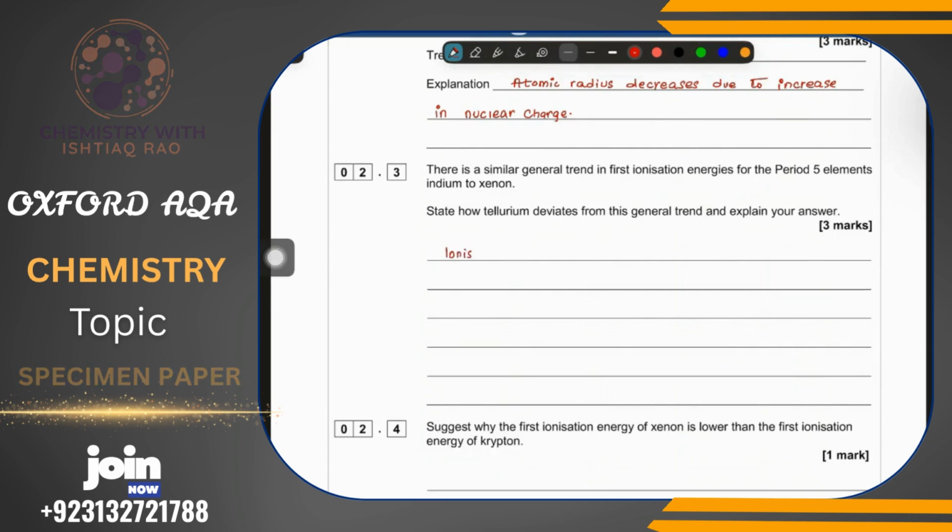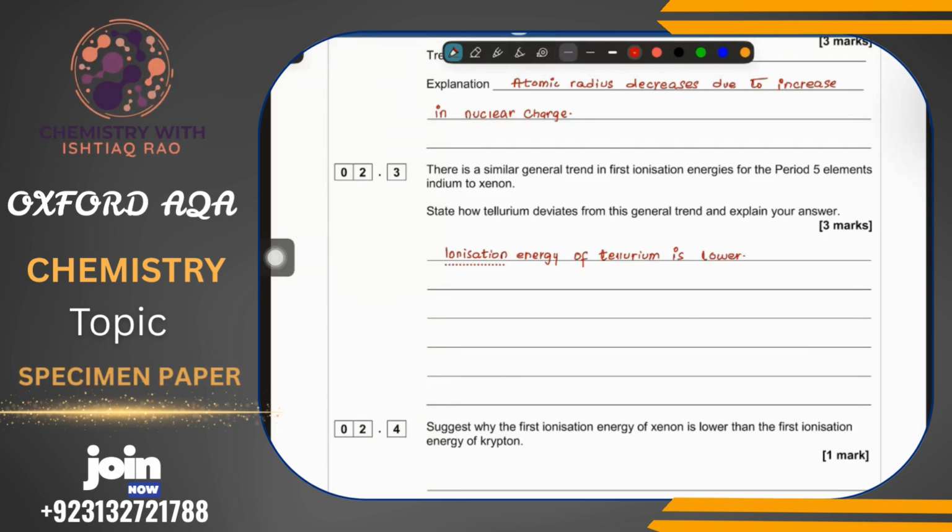The ionization energy of tellurium is lower. Why is it lower?